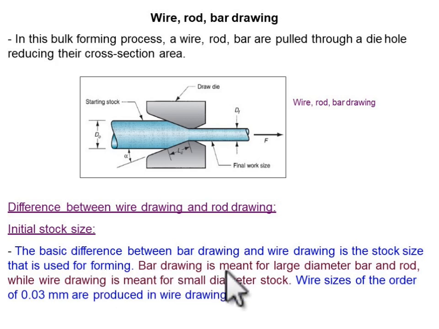Bar drawing is meant for large diameter bar and rod, while wire drawing is meant for small diameter stock. Wire sizes of the order of 0.03 mm are produced in wire drawing. So if the size is in this range, we say it is a wire drawing process, and if the size is above that, it is termed rod drawing, or bar drawing.